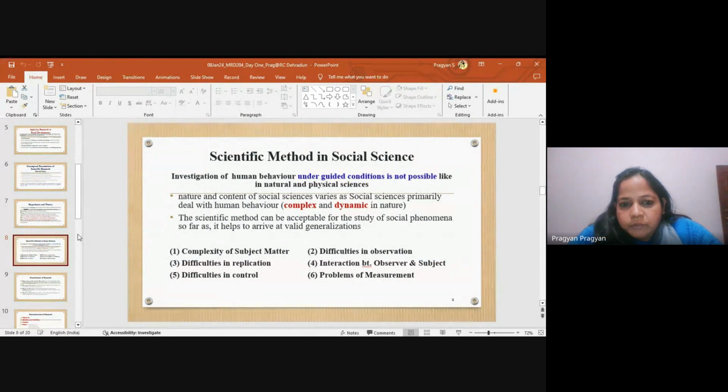So first problem is complexity of subject matter. Of course, in rural development and in general in all social sciences, and in case of rural development in particular, subject matter is complex because it is full of subjectivity rather than objectivity. For example, let's take values. Values vary from society to society.